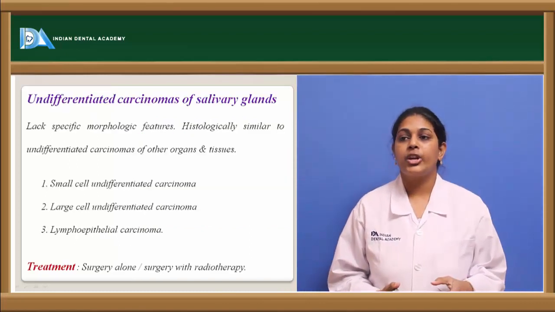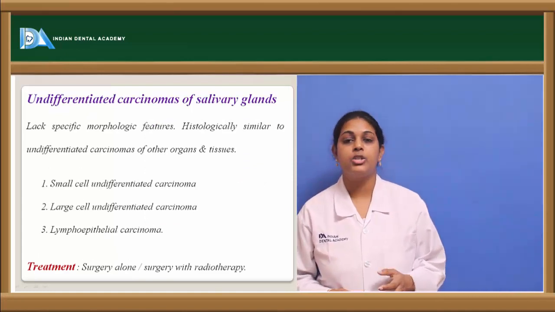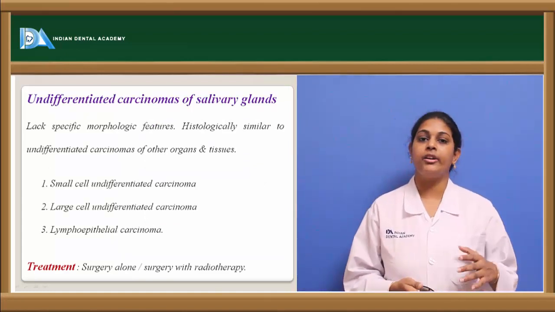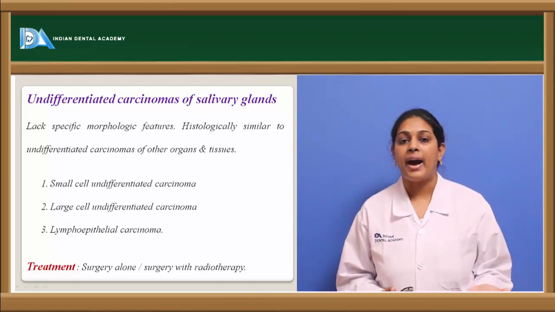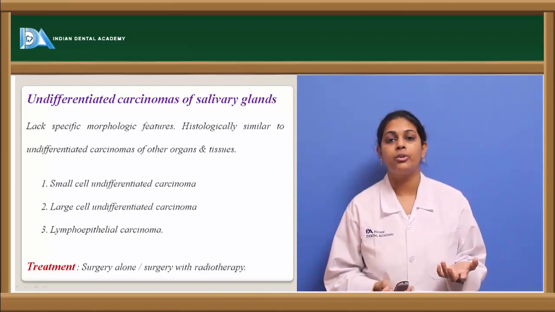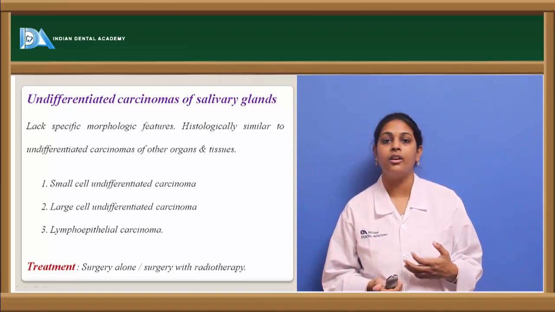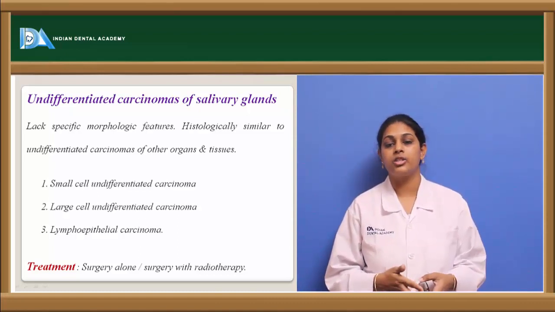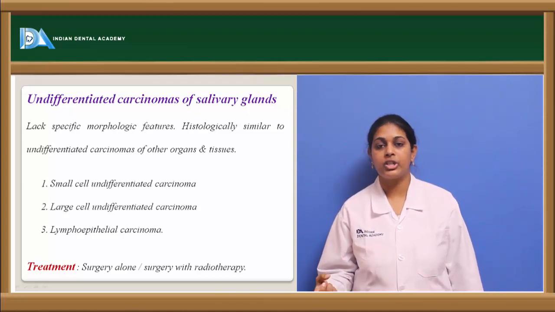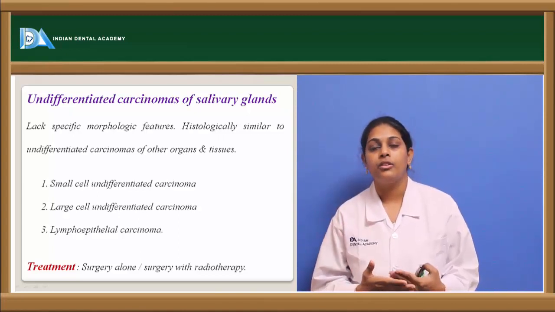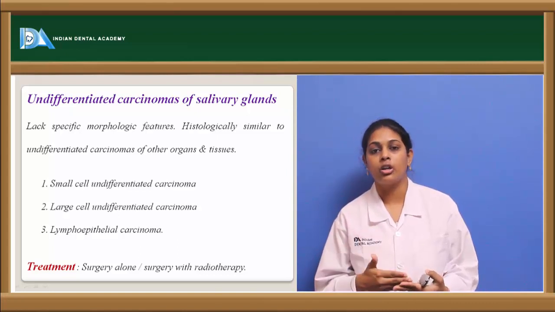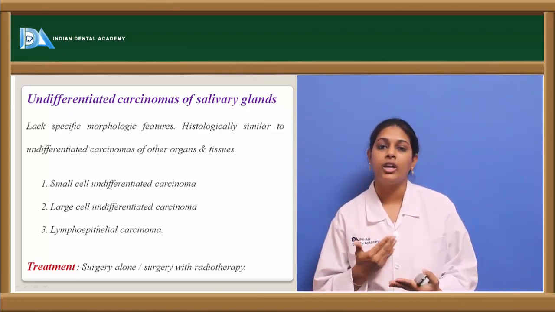Coming to the undifferentiated carcinomas of the salivary glands, usually these are undifferentiated. What it means is they cannot be differentiated, or they cannot be matched with other salivary gland tumors. So it is termed as undifferentiated. It is so called because differentiation means a resemblance of the daughter cells or the offspring cells with that of the parent cells.